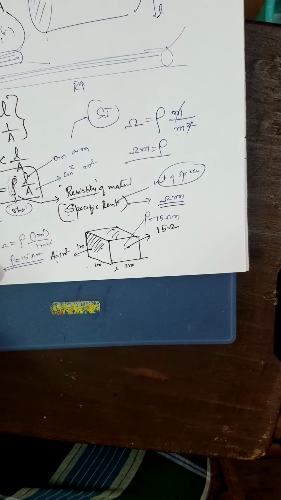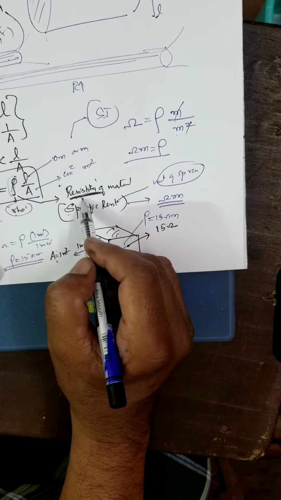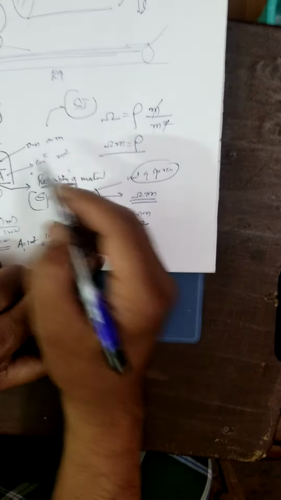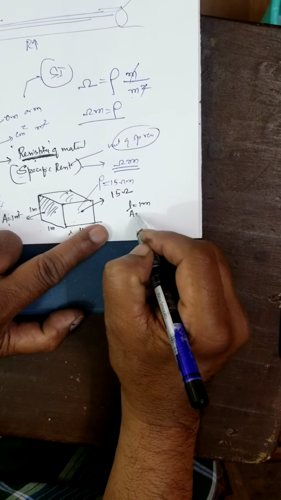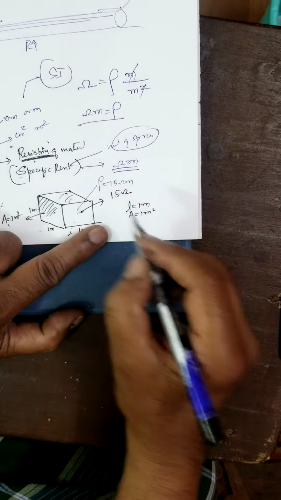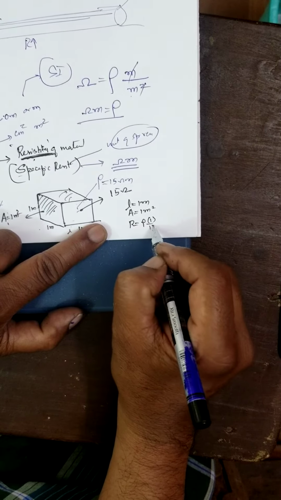How to define specific resistance? I want to define specific resistance of the material. Very simple. Here I write length is equal to 1 meter. Area is equal to 1 meter square. Then what will we get? R is equal to rho into 1 by 1.